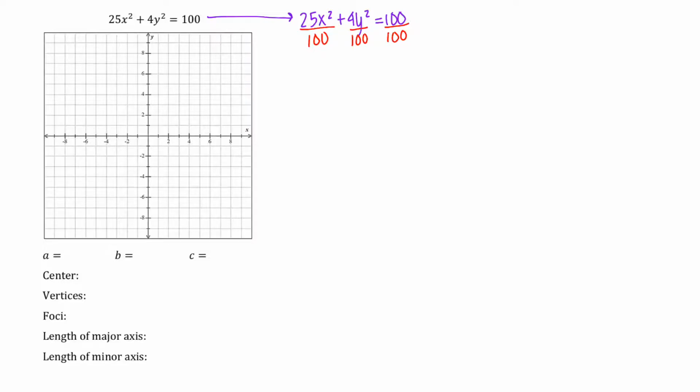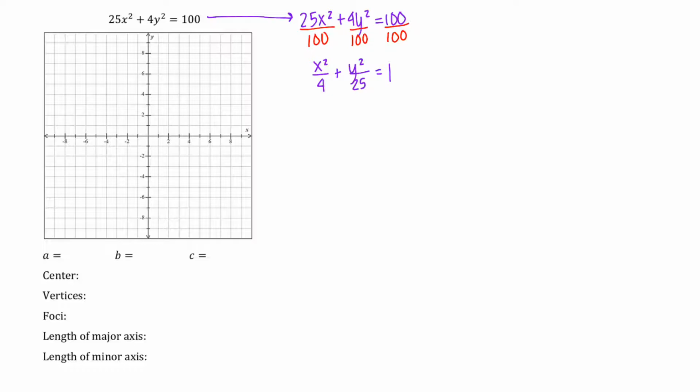Now, I can simplify 25 over 100, and I can simplify 4 over 100, and 100 over 100 is 1. So simplifying, we're going to get x squared over 4, because 25 goes into 100 4 times, so you would divide the top and bottom by 25, plus y squared over, and then dividing 100 by 4, that's going to be 25, is equal to 1.